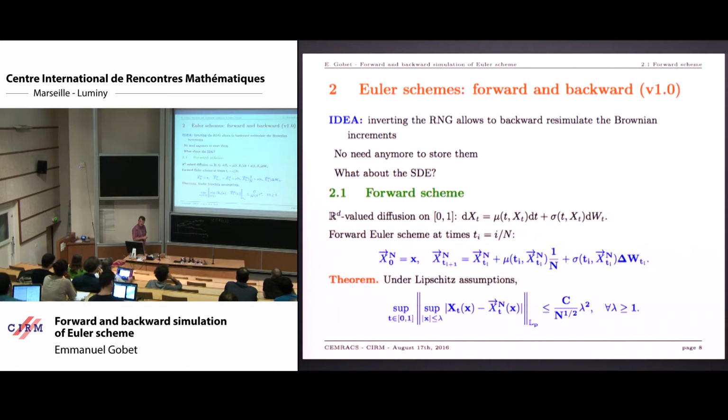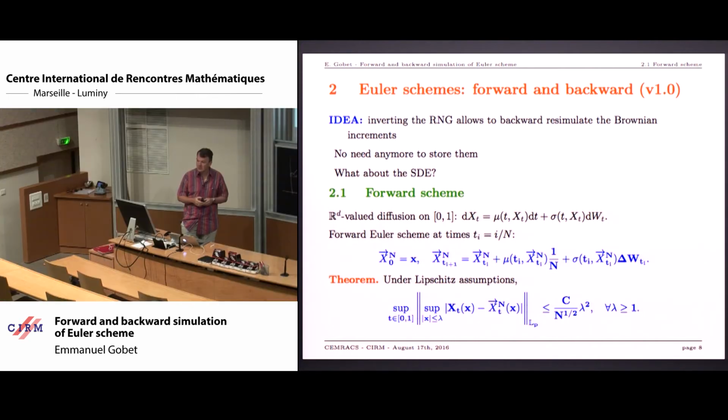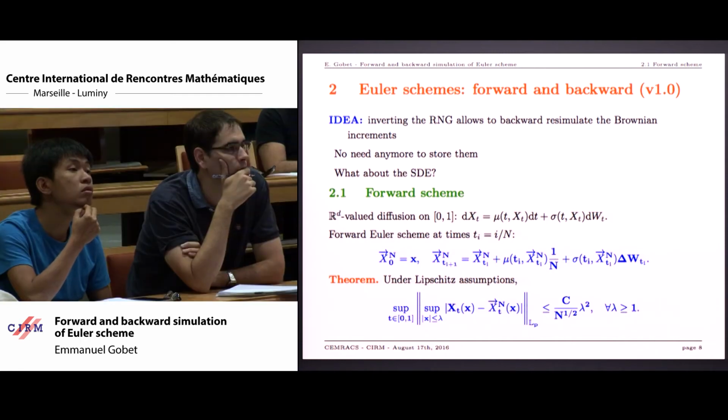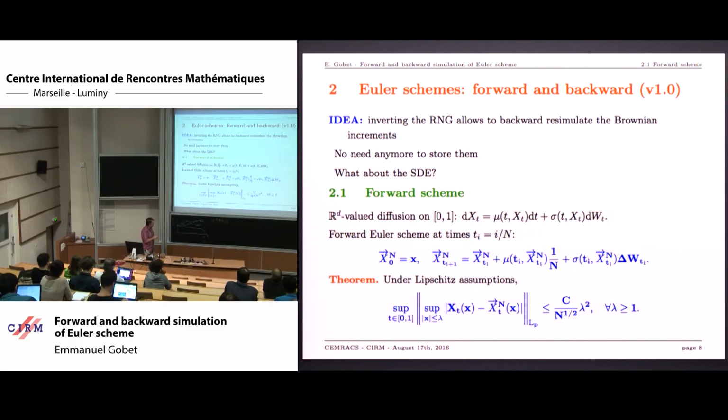This is not trivial because when you try to write error estimates, usually when you take the sum over time of a process, if the process is a martingale, then you can use Burkholder-Davis-Gundy inequalities, you can remove the sum and so on. Here, of course, there is no martingale property with respect to the x variable. This is just a parameter, so you have to find an argument. But still, there is a uniform estimate between the Euler scheme and the forward diffusion, uniform in the starting point, and the rate is still the same.